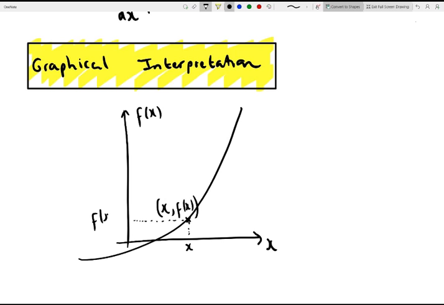Now, if we take a new point, x plus h, so this has distance h, that point will be here, then this point is x plus h, and f of x plus h.